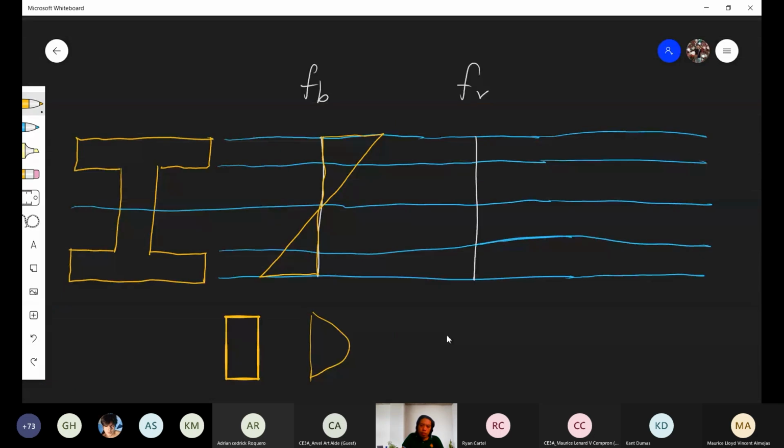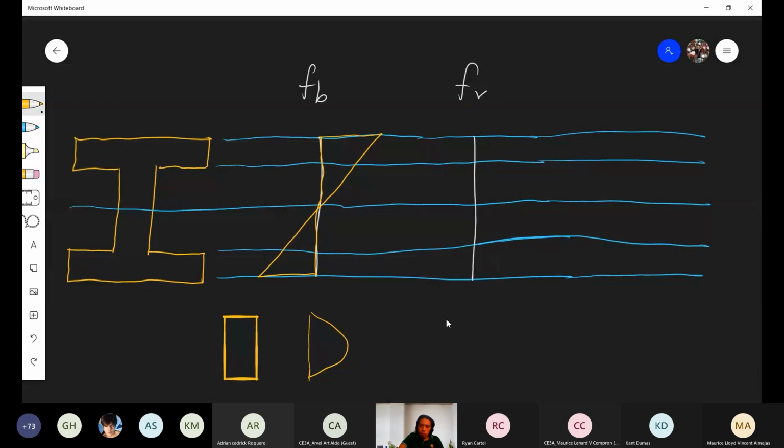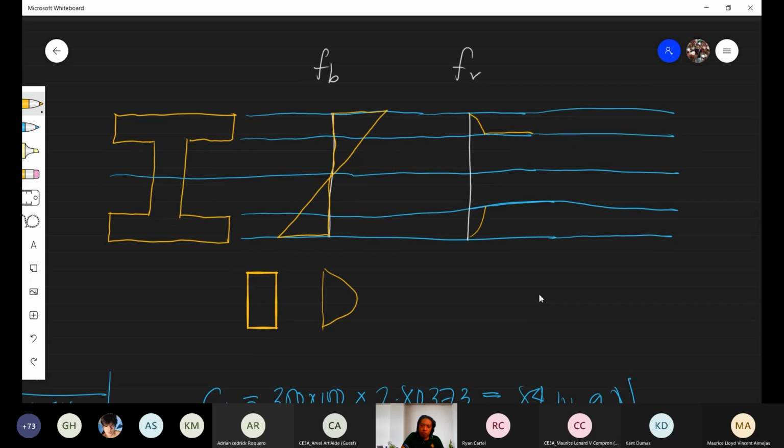For the I-section it is similar, but there is a jump. The jump is because of the junction. Let me explain. The formula is FV equals QV over Ib. Just above the junction is this one.